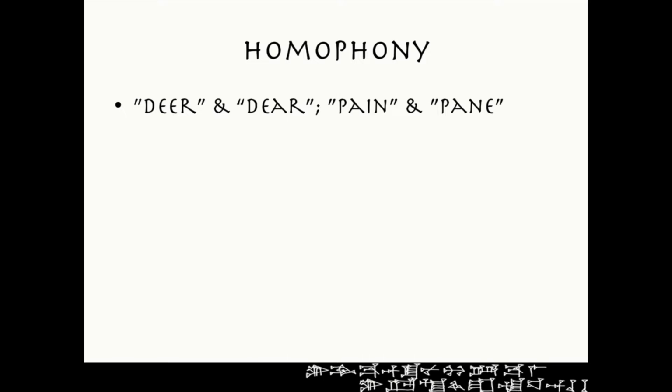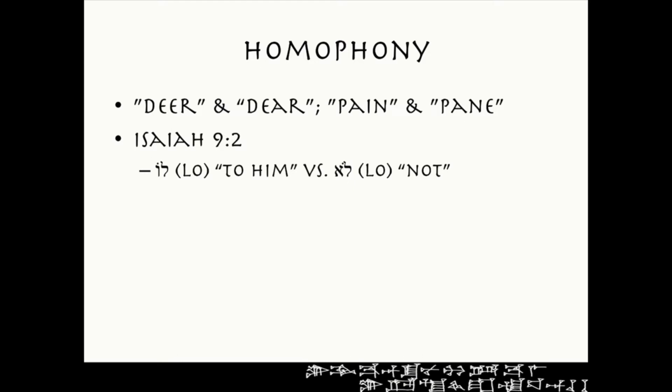Homophony. So similar sound. So in English we say dear and deer. They sound the same, but they're spelled differently. Pain and pane. The same sort of mistakes can be made. Many of these texts were copied from dictation. So if you're listening to someone speak and you write something down, you can make mistakes. So in Isaiah 9:2, we have the word lo, lamed vav, which means to him.